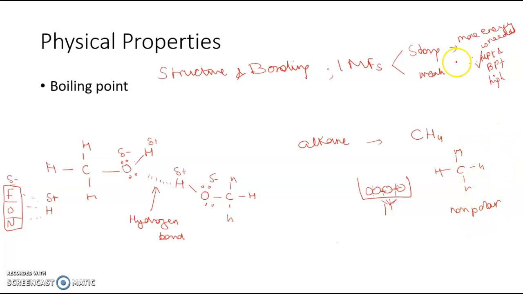When we look into the intermolecular forces, we know the structure is non-polar, therefore it will not have any hydrogen bonds or permanent dipole-dipole attraction. The only force of attraction in this case is very weak London forces, and therefore the boiling point of alkanes is going to be low. So compared to alcohol, alkanes will boil off at a much lower temperature.